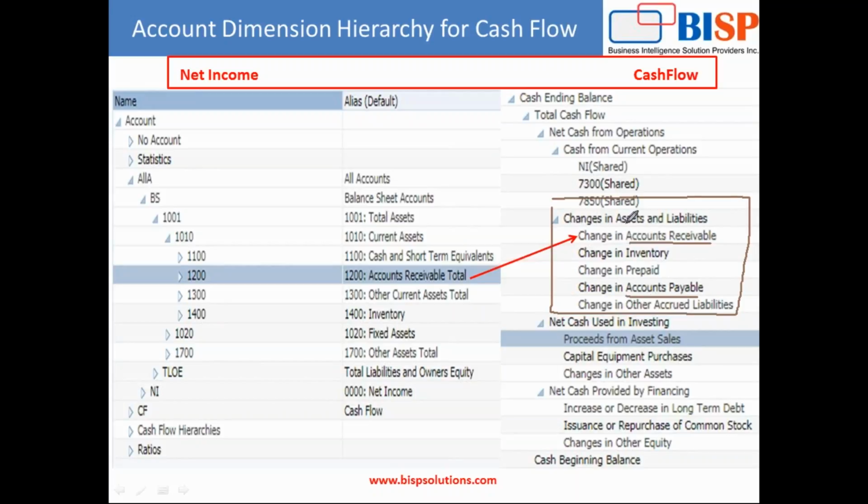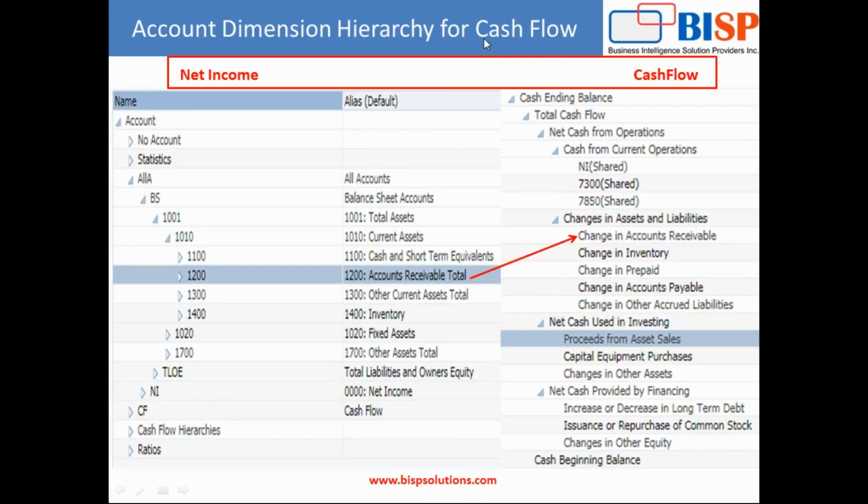The change in account receivable is the difference between two consecutive periods of account receivable, so maybe the difference between February and January would be stored under account receivable. Similarly, the second node is investing activities, where you have sale and purchase of different assets, and financing activities, where you pay or receive money from long-term debt.